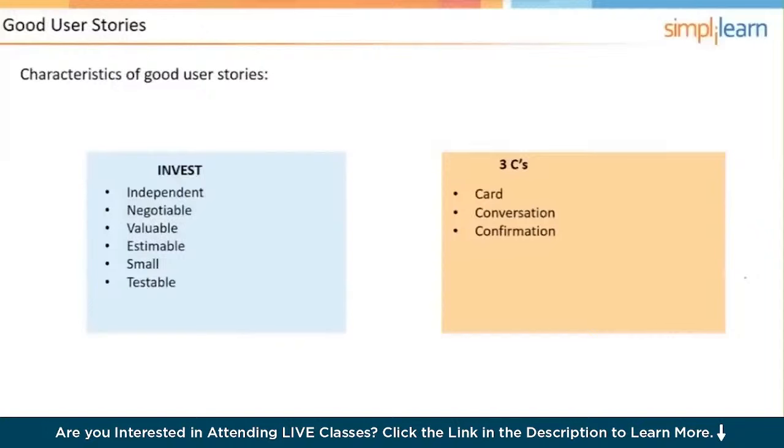And then the next one we have here is the 3 C's of a user story. So the first C, team, is card. So user stories should be able to be written on a 4 by 6 inch index card or some media similar to that. Card. The second C is conversation.